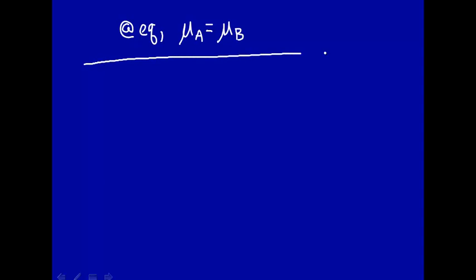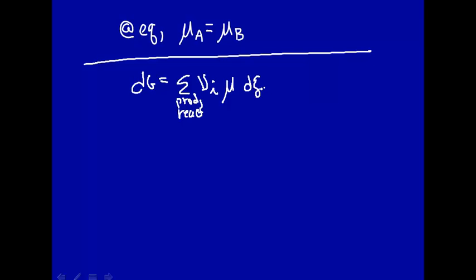All right, there's another thing we could extract out of these ideas we just presented. We said that dG is equal to the sum of the signed stoichiometric coefficient, here we're summing over products and reactants, the signed stoichiometric coefficient of the product or reactant times the chemical potential times dξ. Let's see how G, the free energy, changes with extent of reaction. And this we're going to define as delta G of the reaction.